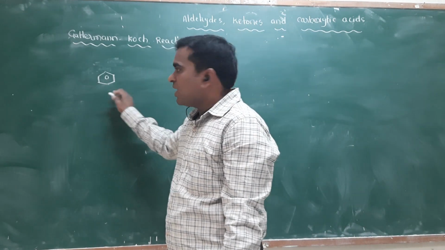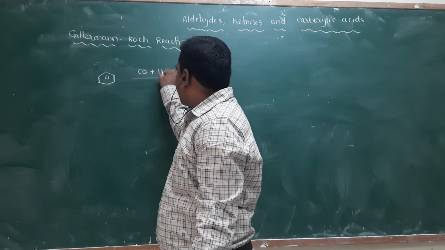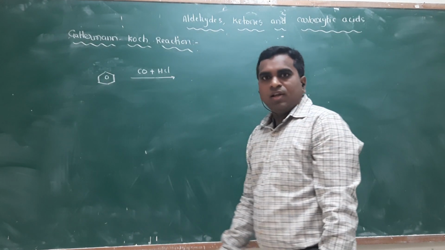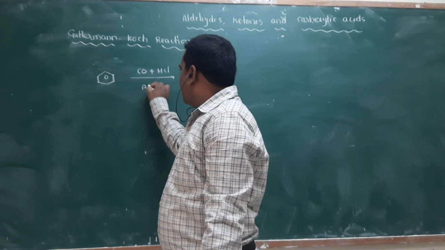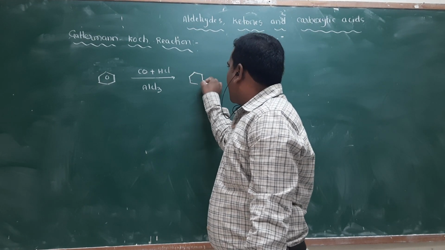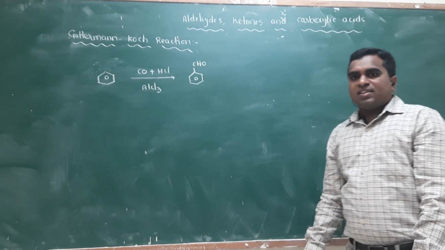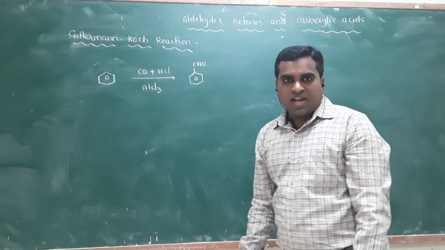Take the benzene and treat this one with carbon monoxide and HCl in presence of AlCl3 and it gives benzaldehyde. And this we will call the Gattermann-Koch reaction.